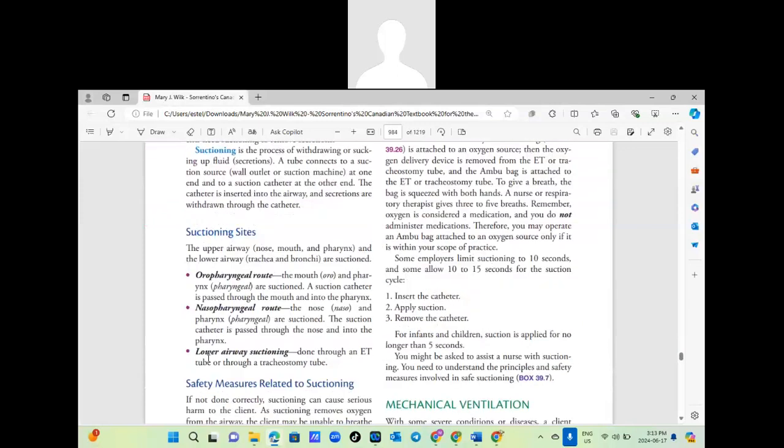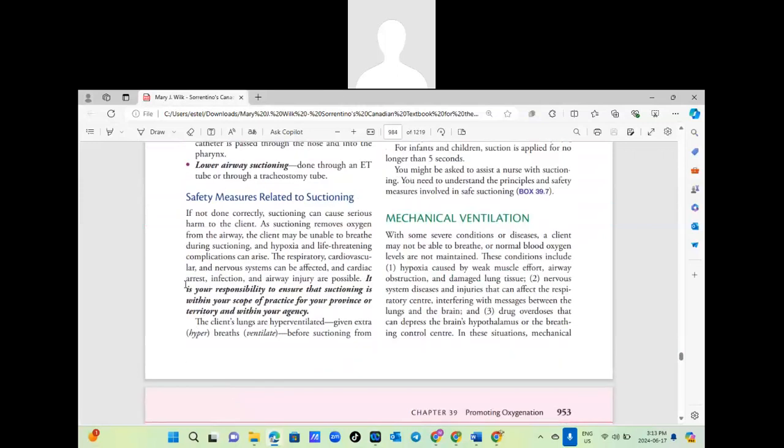So let's go. We did this one. Here we go, the suctioning. This is very important because you might be delegated to suction. If suctioning is not done correctly, it can cause serious harm to the client, as suctioning removes oxygen from the airway.